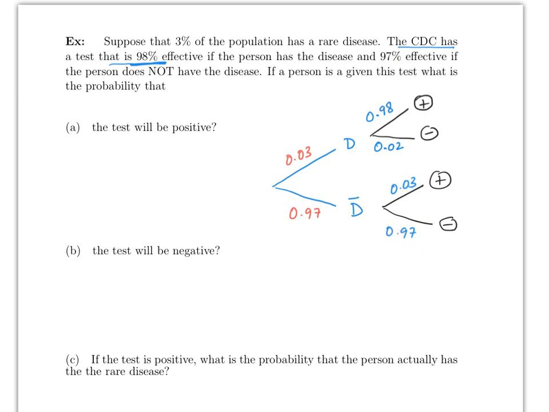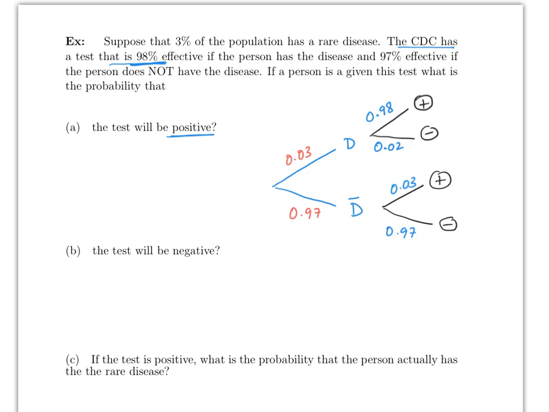Once you have done this, it is very easy to answer the question. The question is asking what's the probability that the test is positive. Well, just like the last problem, there are two ways to get to positive: disease and positive, or no disease and positive.